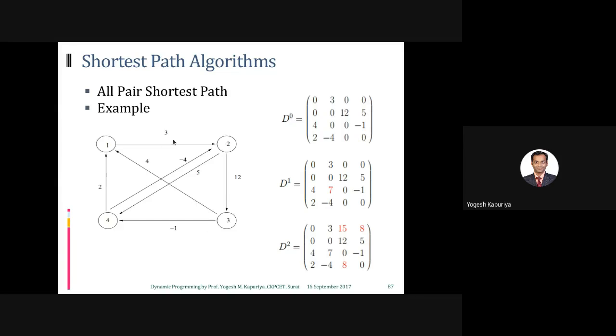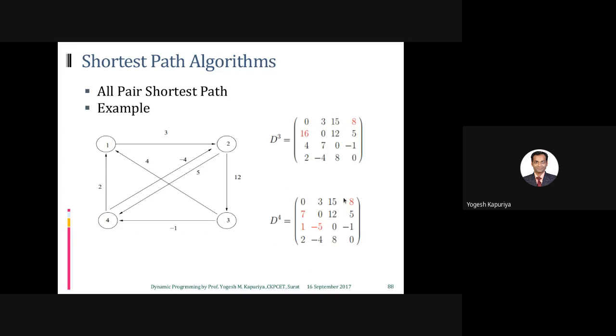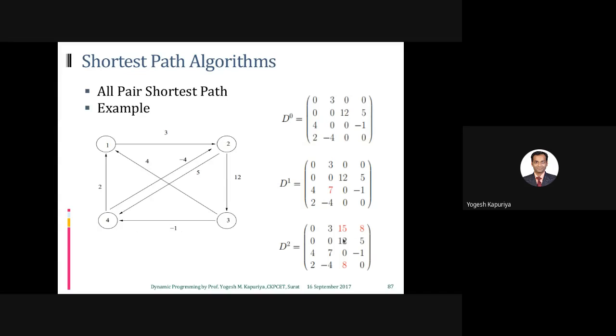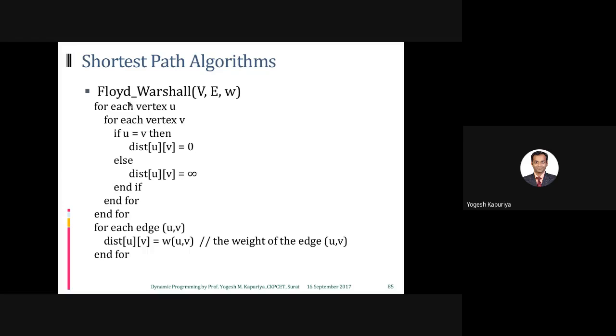So you can repeat this v times, and at every iteration you will find updates. I think it requires some more time to discuss an example, so we'll discuss it in the next class. But I hope the algorithm is clear: we are initializing the distance for every pair of vertices with infinity or 0. 0 means the same vertex and infinity means otherwise.